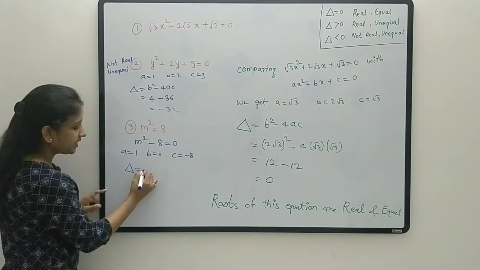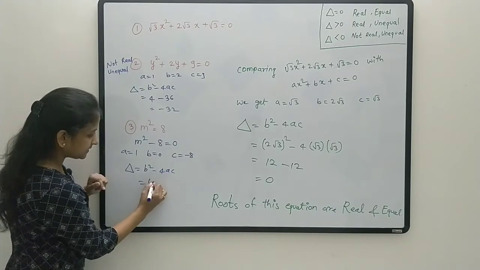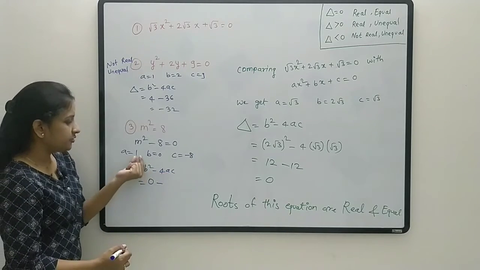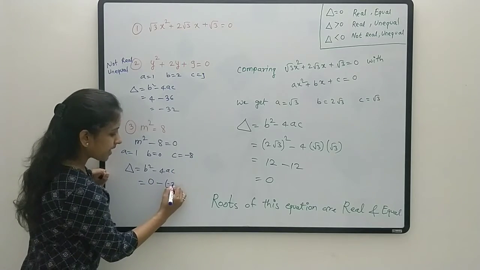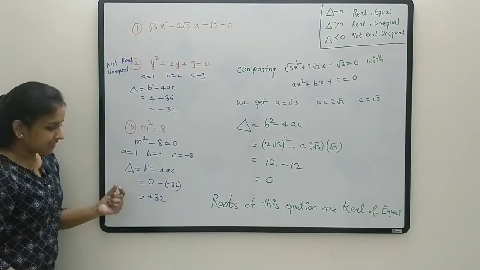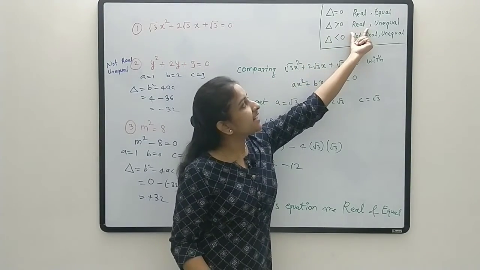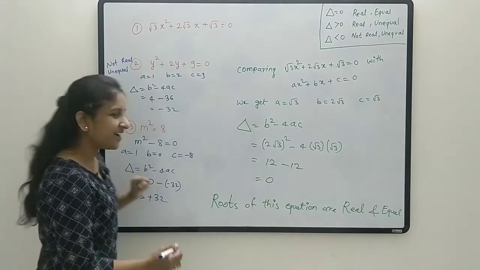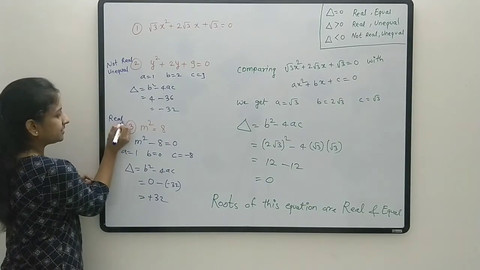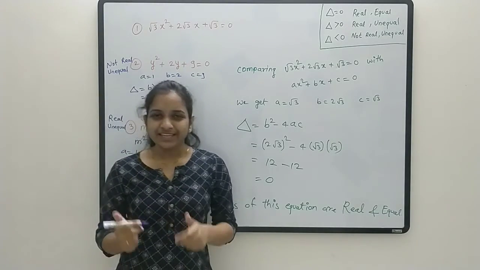So what is the discriminant value? b square minus 4ac. b square is 0, minus 4 into a into c, minus 32. So this value is plus 32. So the discriminant is greater than 0, which means the roots are real and unequal. Understood? Easy?